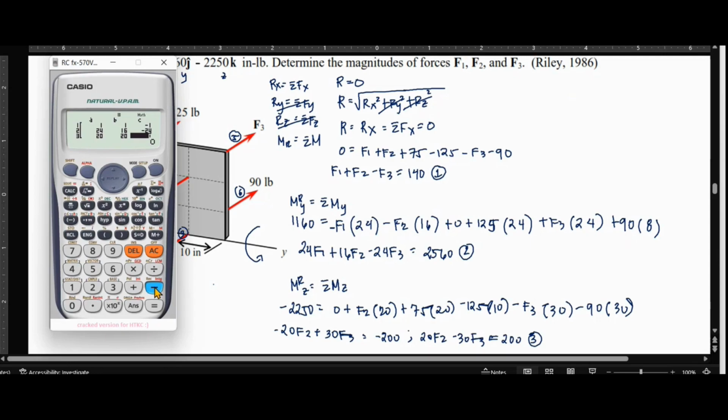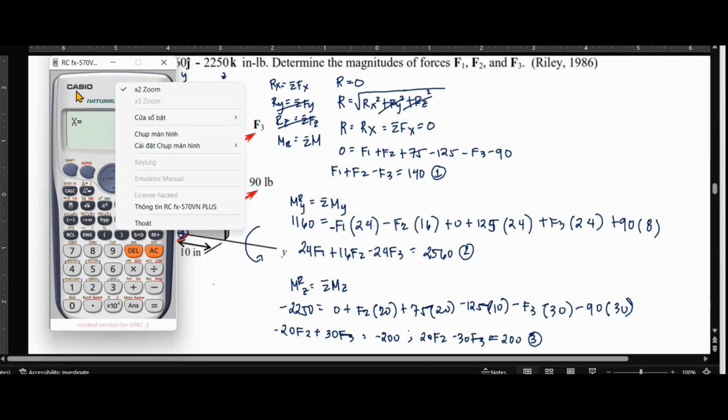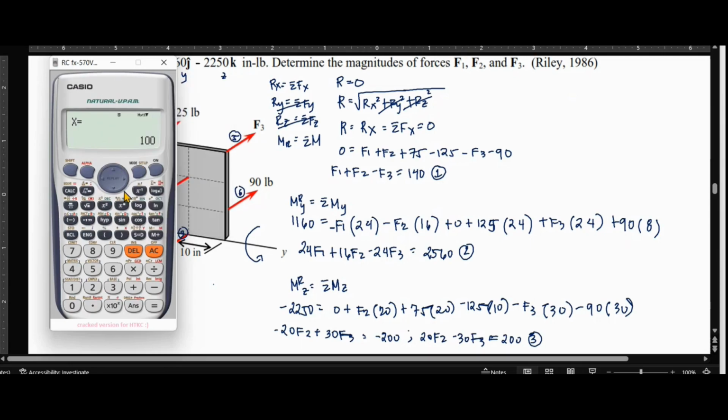And then negative 30. Tapos 200. Zero yung ating F1. Okay, so our F1 now is equal to 100. F1 is 100. Tapos F2 is 100. And F3 is 60.